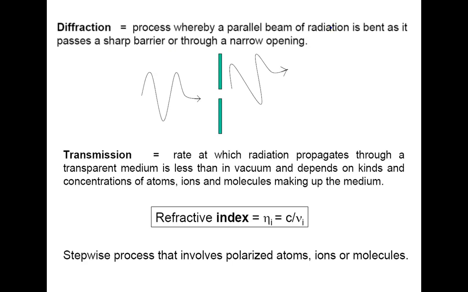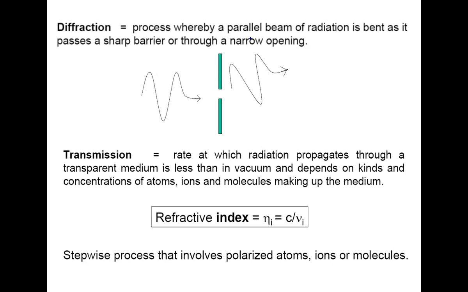So diffraction is the process whereby a parallel beam of light is bent as it passes a sharp barrier or through a narrow opening. So it gets bent, it's no longer parallel. That's the definition of diffraction: bending as it comes through a barrier. Diffraction can occur, for example, if it changes from one medium to another medium of different refractive indices.